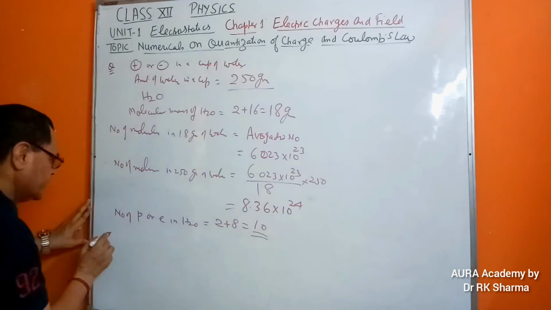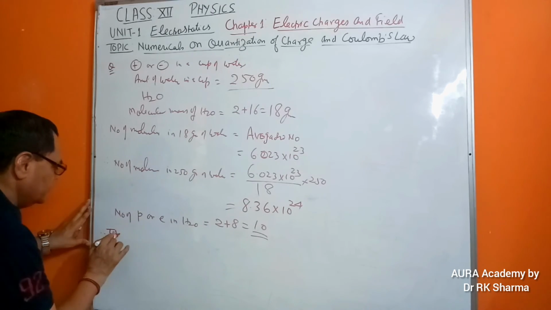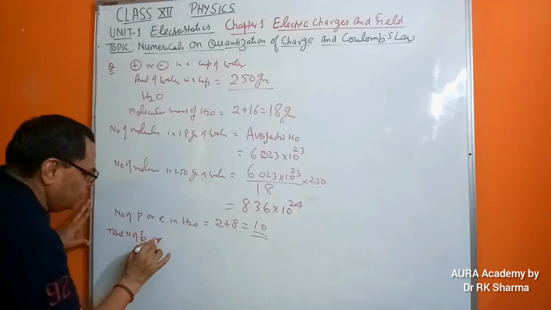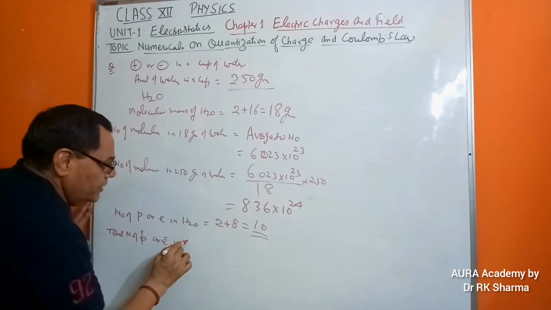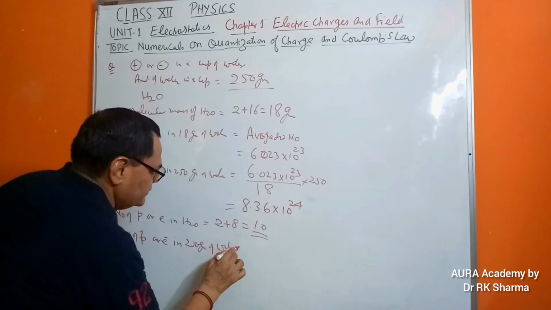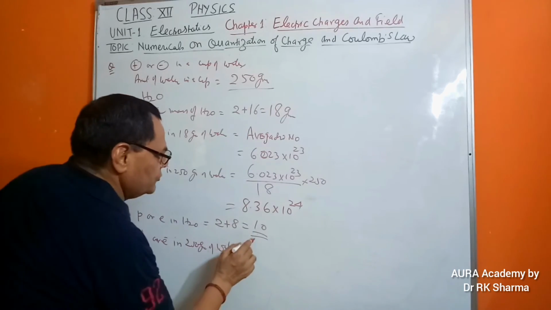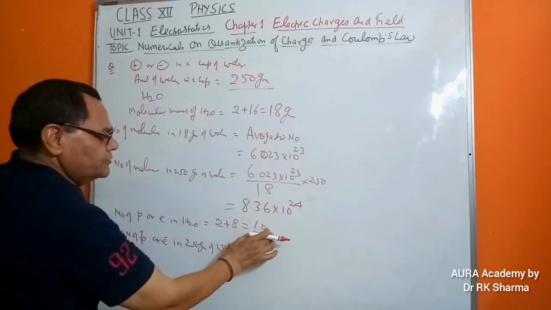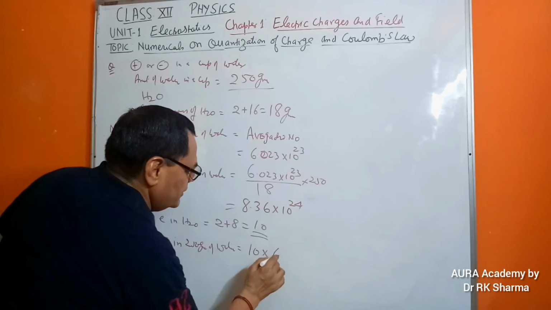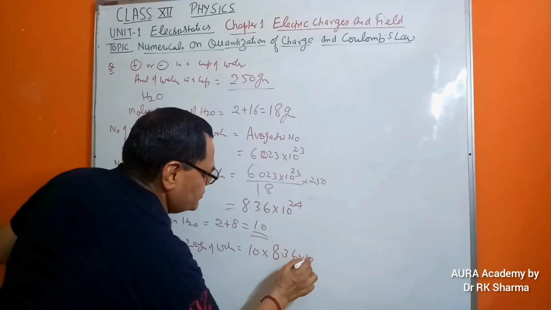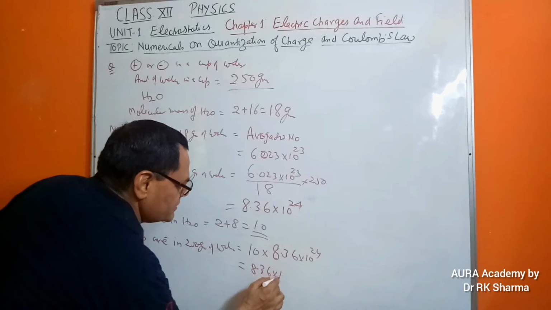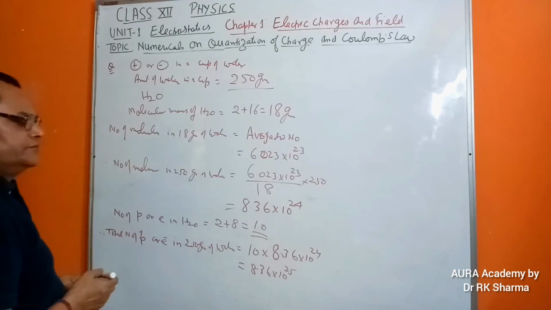By the unitary method, the total number of either protons or electrons in 250 grams of water will be 10 into 8.36 into 10²⁴. So this becomes 8.36 into 10²⁵.